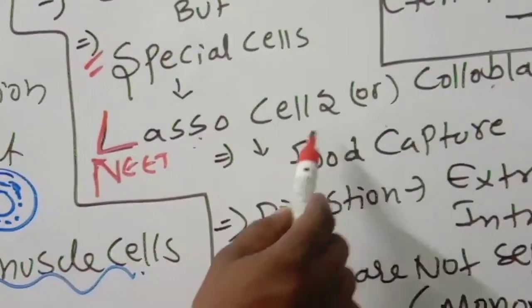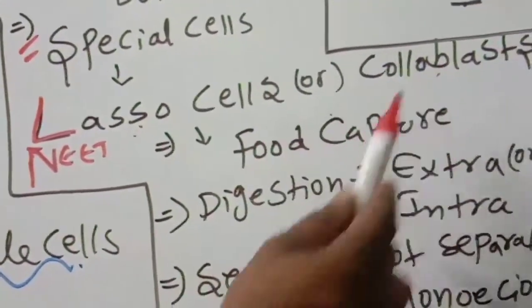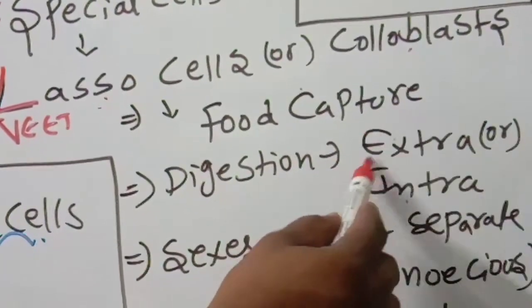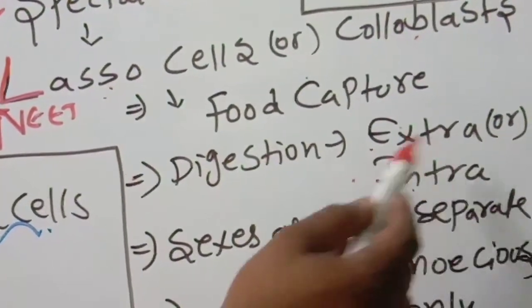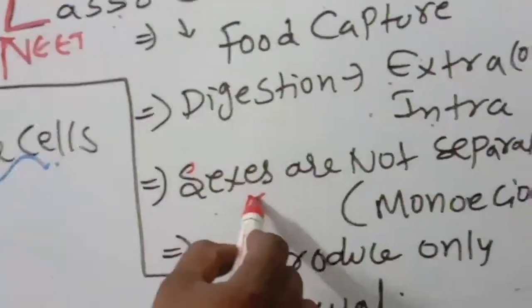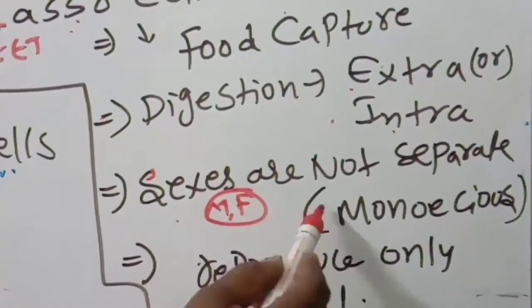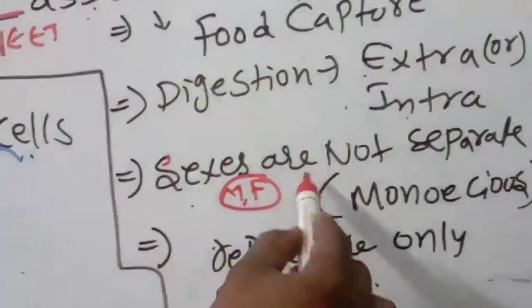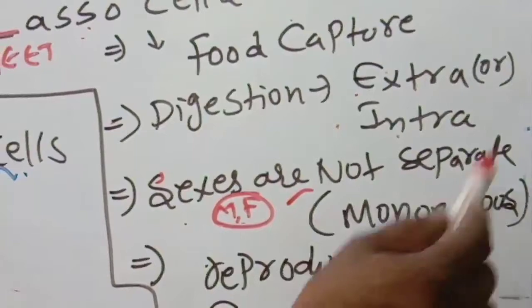Digestion is both extracellular and intracellular. Sexes are not separate, means both male and female sex organs are present in a single animal. That's why they are called monoecious.